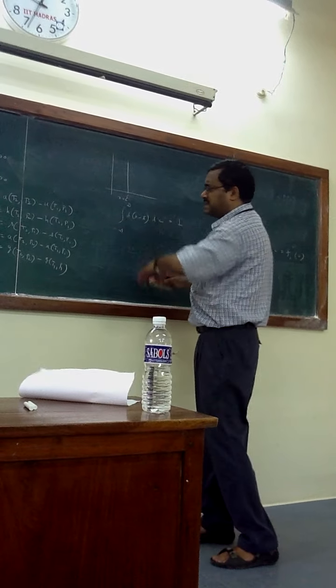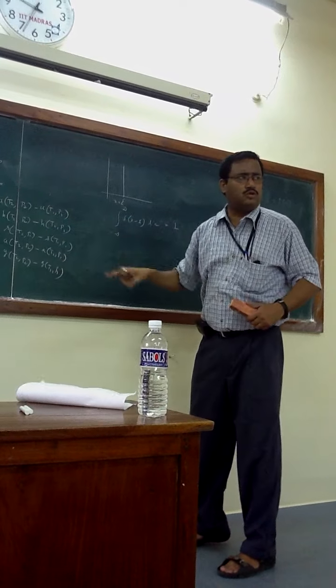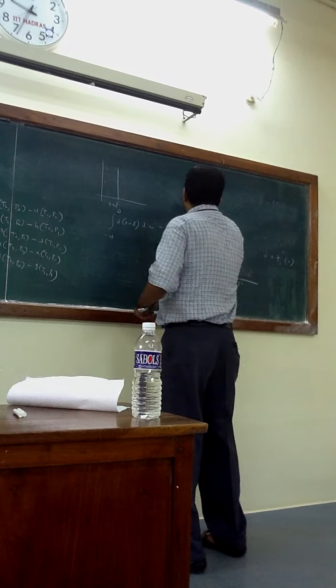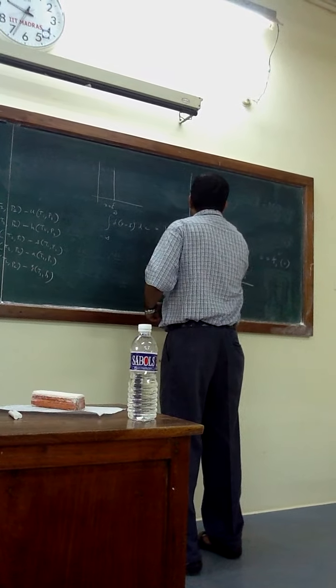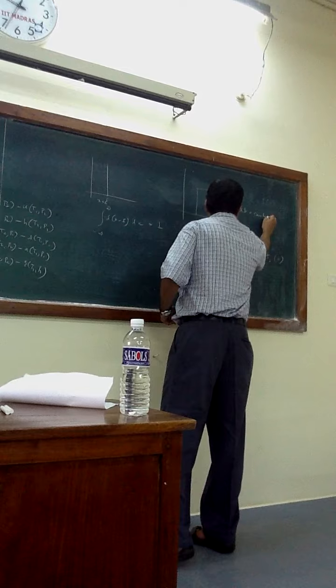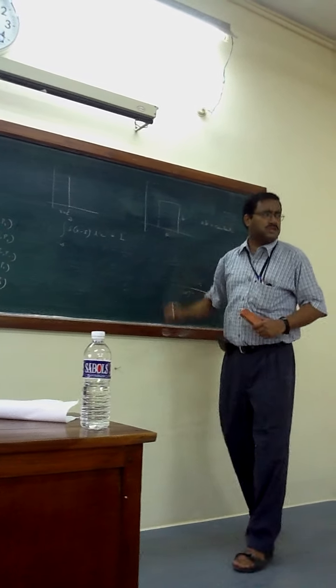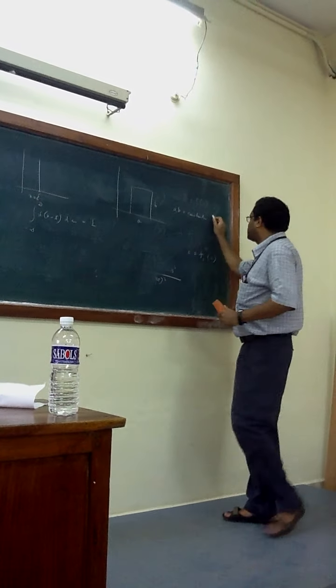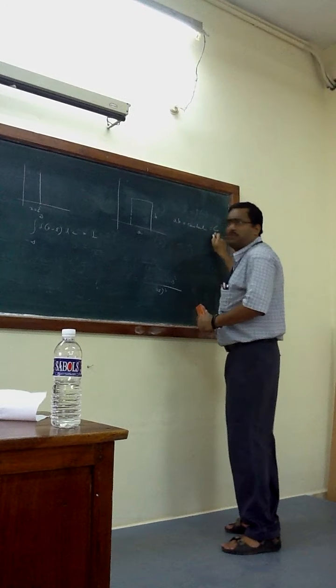I just try to correlate this PV equals RT with this. This is my area. This is A, this is B. AB equals constant. It's very simple. A rectangular box. The constant is C. C cannot be changed.